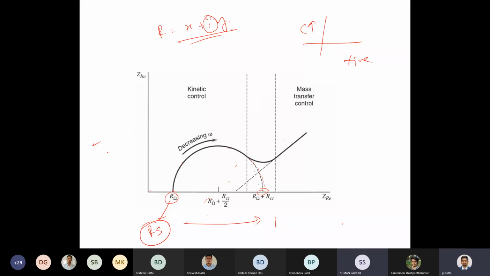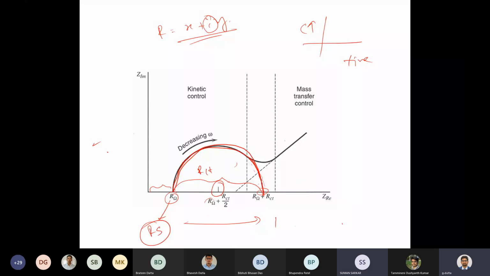You see, this much. And this value is the RCT value. So the RCT value, as I told you, corresponds to this semicircle region, this value. Okay, so this is the RCT value.